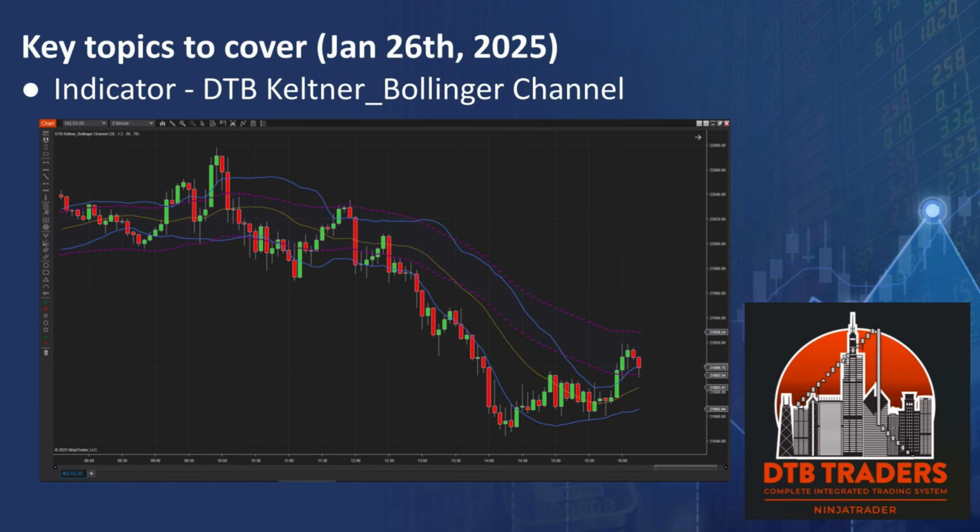So this is quite a simple indicator. And the Keltner channel is nothing new. The Bollinger Bands are nothing new. But there's been a few enhancements that I've made to this. So you'll notice that these purple lines over here show the Keltner channel itself. So if you go into your indicator settings and you look at that specific setting value, you will see over here you've got a period value.